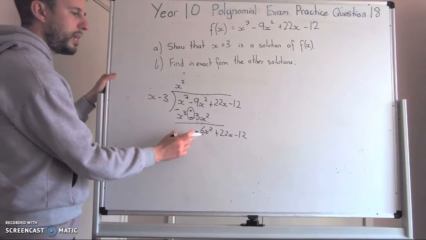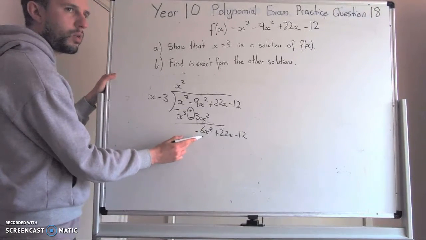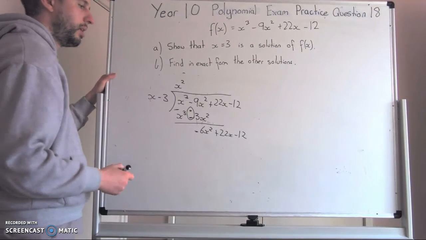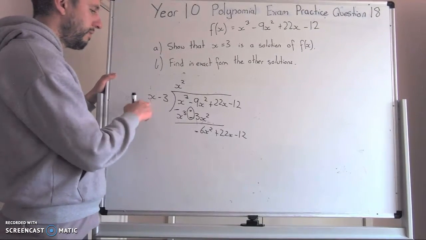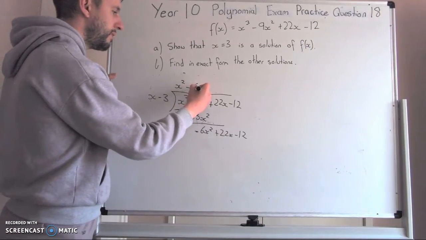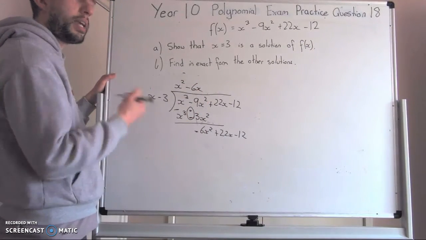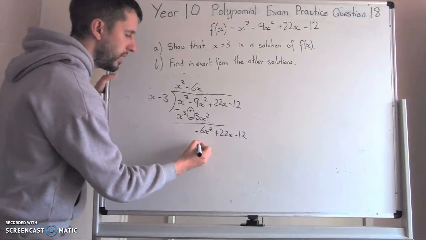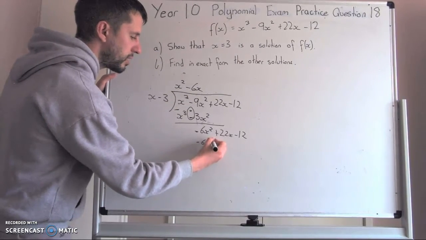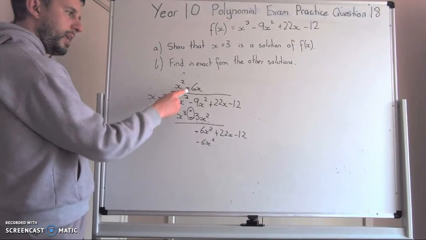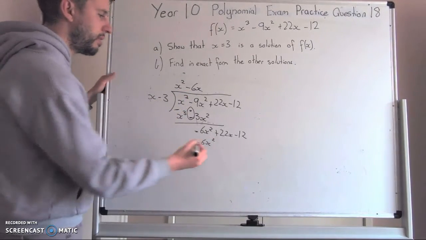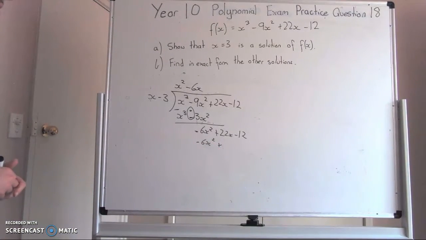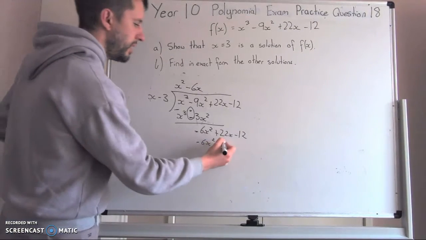The next thing I look at is my negative 6x squared here, and I divide it by x. Negative 6x squared divided by x gives me negative 6x. I again work backwards. Negative 6x times x is negative 6x squared. Negative 6x times negative 3 is positive 6x times 3, which is 18x.